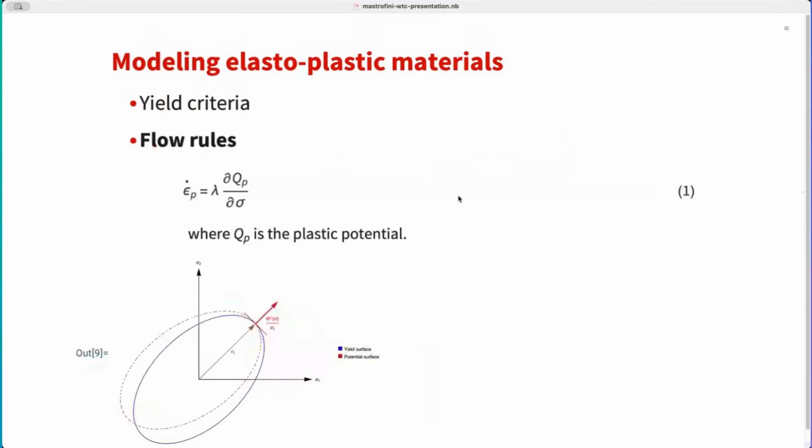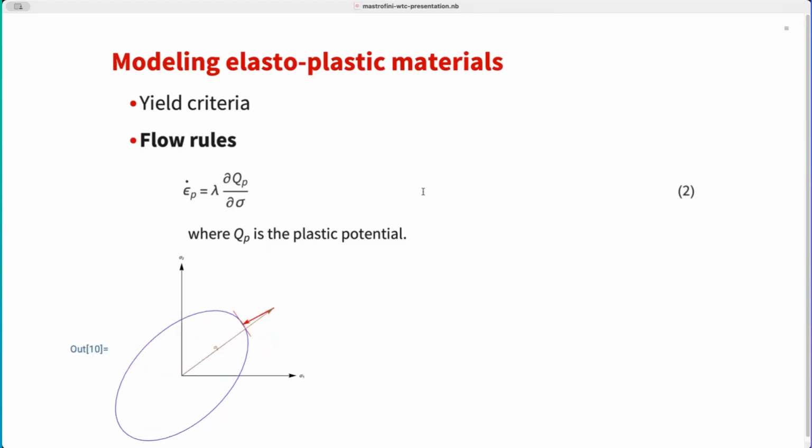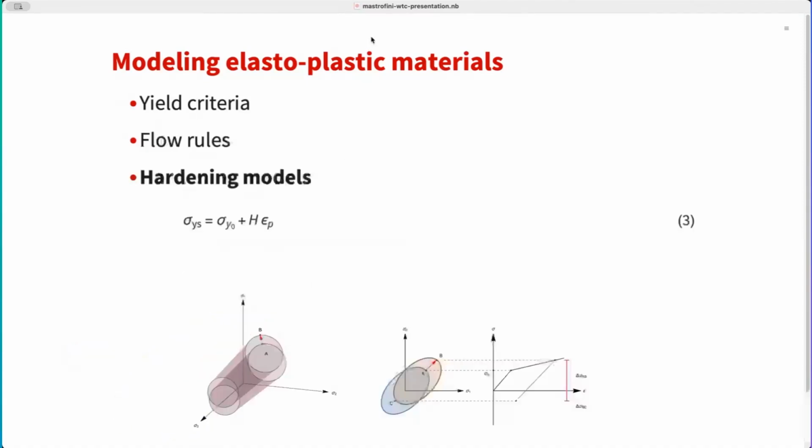Then we need a flow rule. The flow rule basically tells us what happens to the material beyond the plastic limit to be able to come back into an acceptable state. So for instance, if we consider a particular state that is outside the plastic limit, this is the yielding function, we need a rule to put back the state at least to the boundary of the surface.